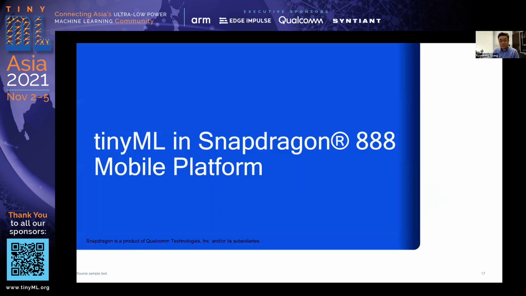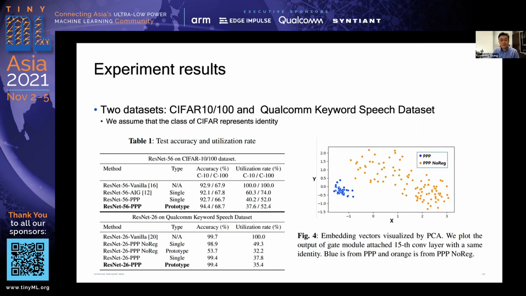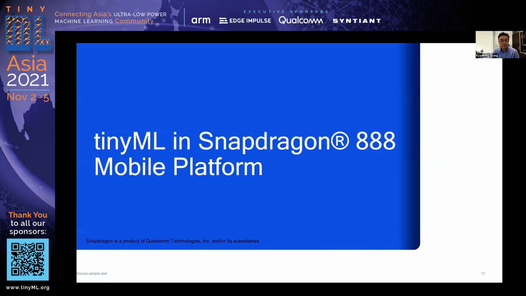Okay, that's the network architectures and personalization method we developed for these tinyML devices. And I'd like to briefly introduce tinyML, where it is happening at the Qualcomm Snapdragon chip.